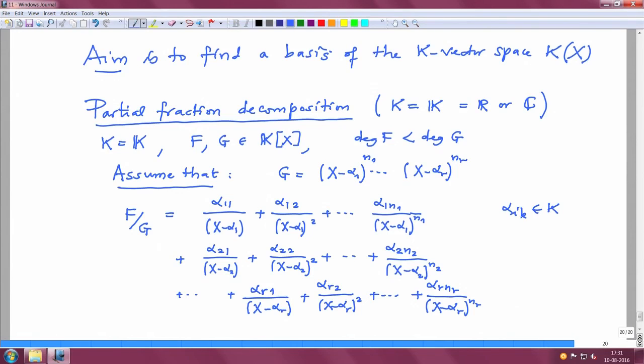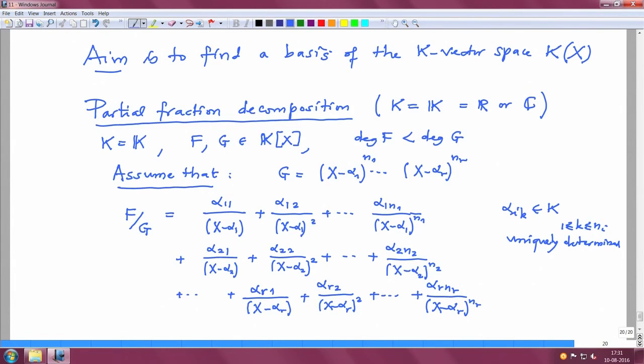For a fixed i, this k varies from 1 to n i, and they are uniquely determined. I want to prove this. Right now we assume this, and let me conclude what we have proved then.